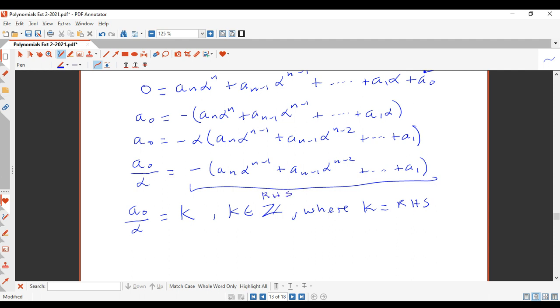Right, that'll save us having to write it down again. K is equal to the right hand side, and as I said before, we know that alpha is an integer, so that means the entire expression in brackets is an integer. Okay, so therefore alpha is a divisor of the constant term.